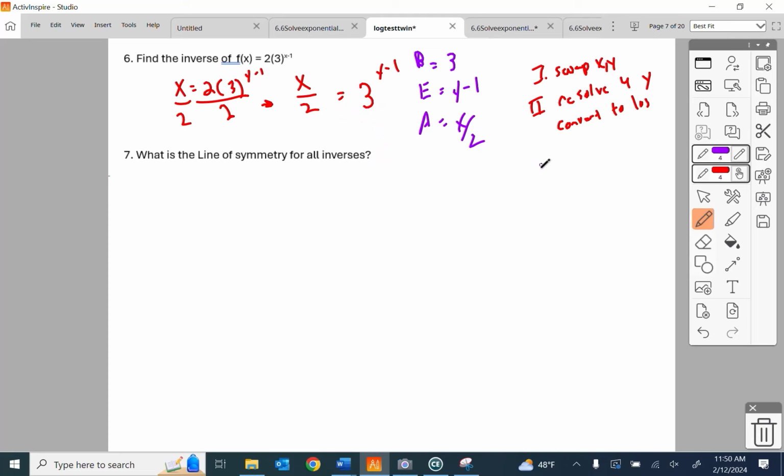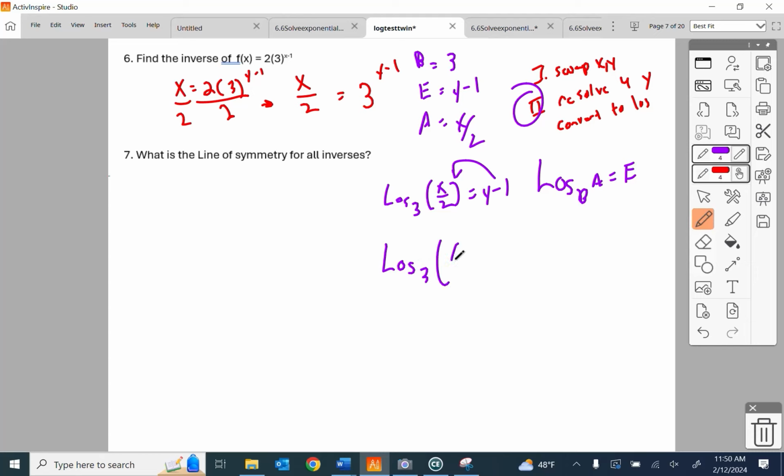And again, log is Bay. So I have a base of 3, log base 3. My argument is now x over 2, and I equal y minus 1. I'm still technically on step 2, so I'm going to add this 1 to the other side.